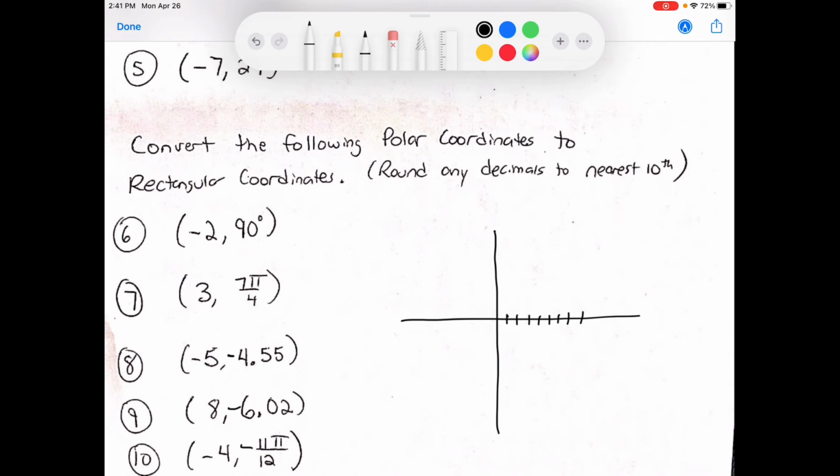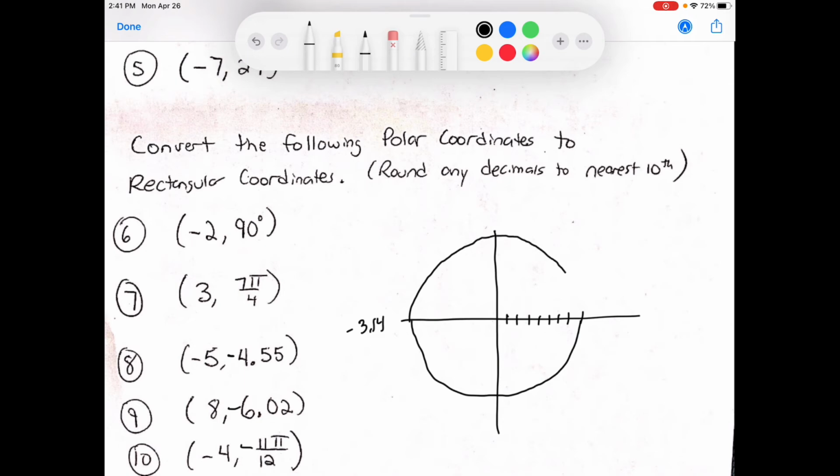Well, I know what quadrant this is going to be in. If you go halfway around the circle in the negative direction, that's negative pi, or negative 3.14. And so if we went all the way around, we'd be at negative 6.28.